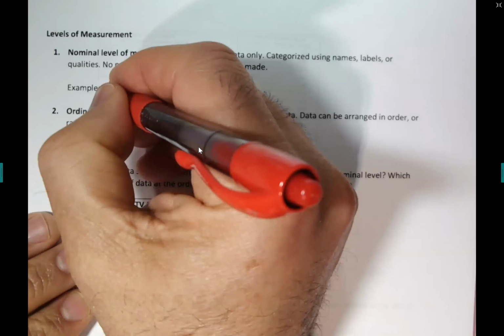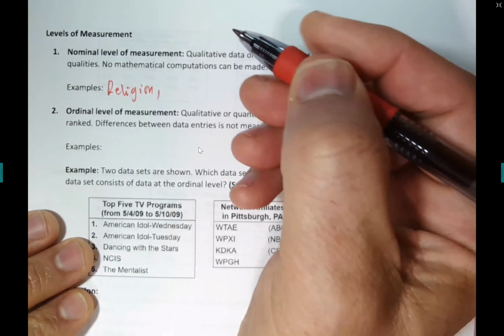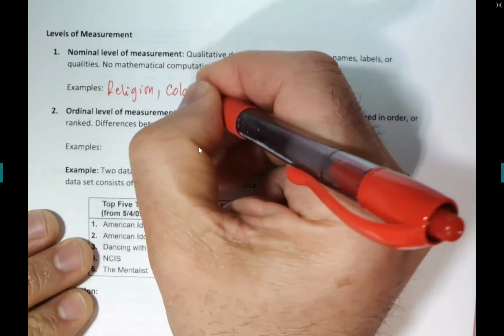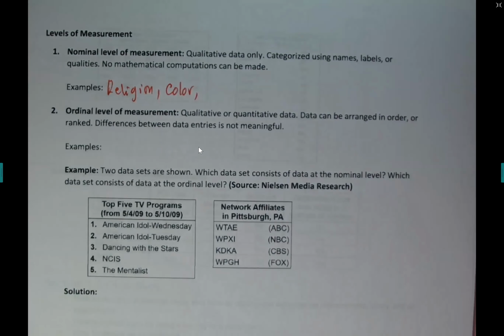Religion, color. If I ask you to list some colors for me, you cannot say that black or red or green has to come first, because there is no ranking here. You can just list them in any order that you want.